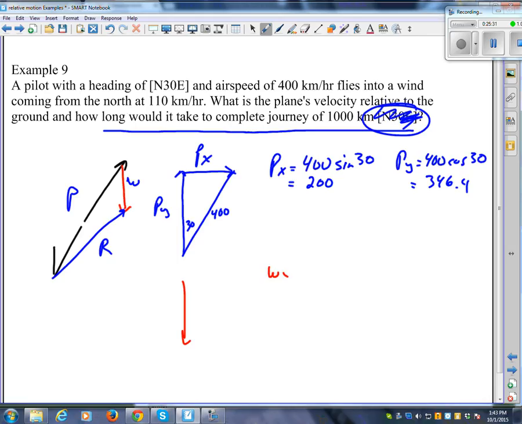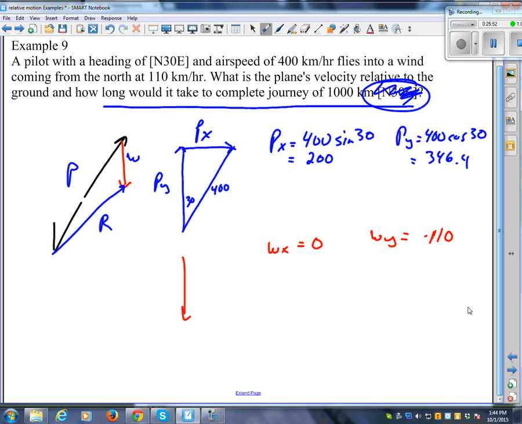The x component of the wind is 0. What's the y component? Minus 110. Why minus? Because it's south. See how I lined up my x's and lined up my y's? Makes it sort of easy, two columns for adding. Organizes it nice.